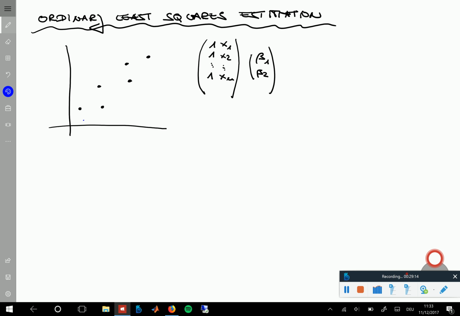So for example, one fit would be this, one fit would be this, another fit would be this, all sorts of things, but all looked a little bit bad.